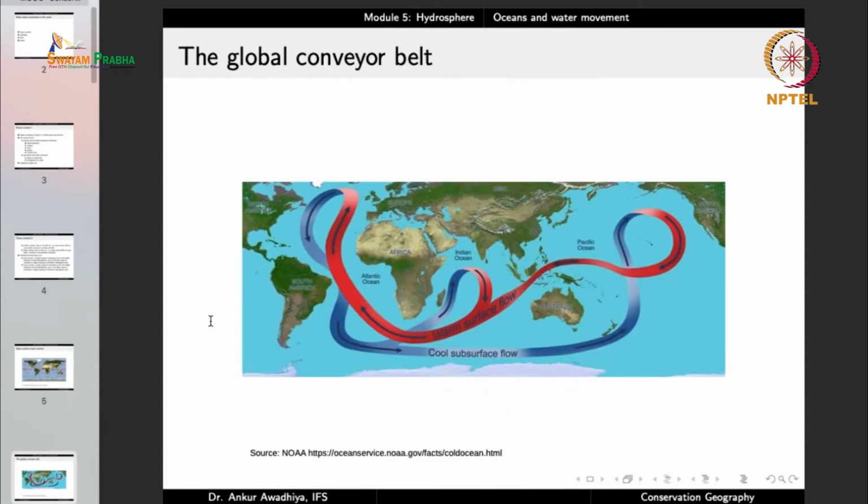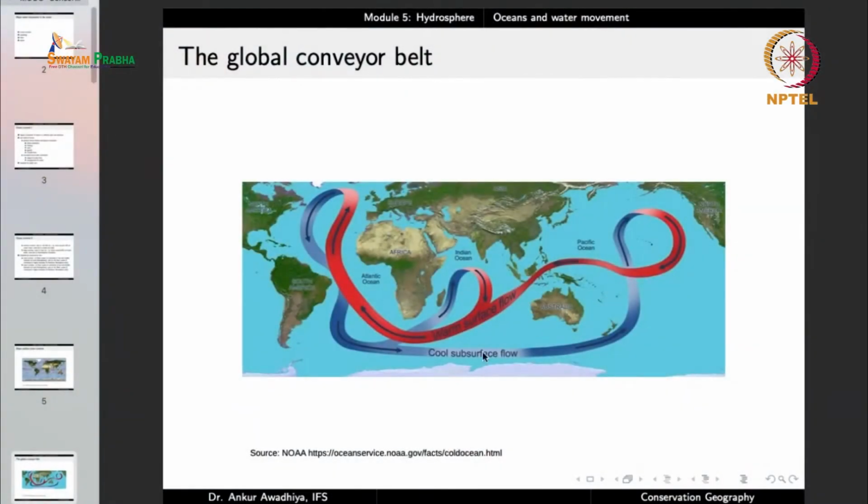Now let us talk about the global conveyor belt or the thermohaline circulation. Now this is one of the most important movements of water. As much as 90% of the water that is moved in the oceans is moved because of this conveyor belt.